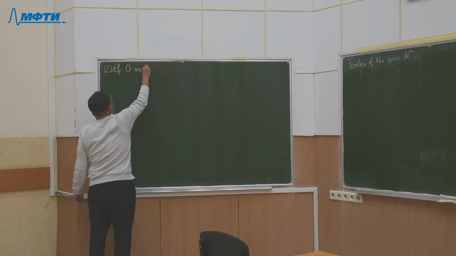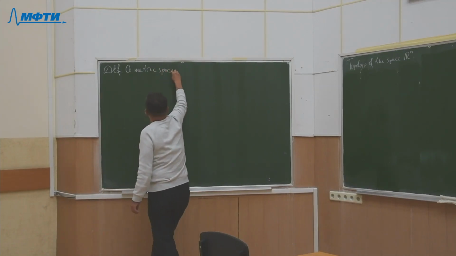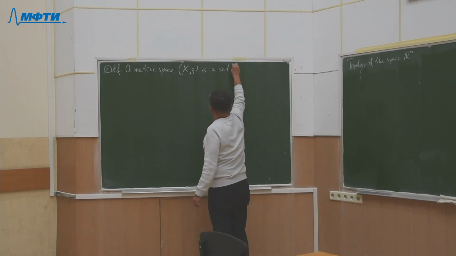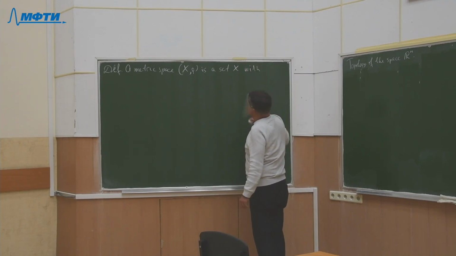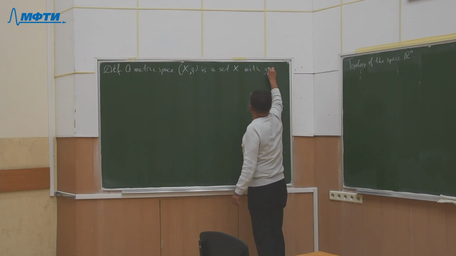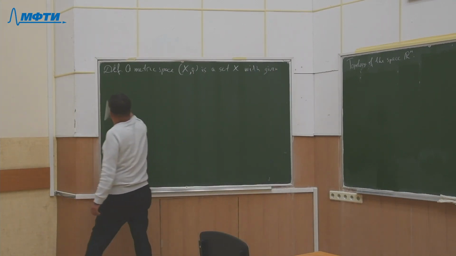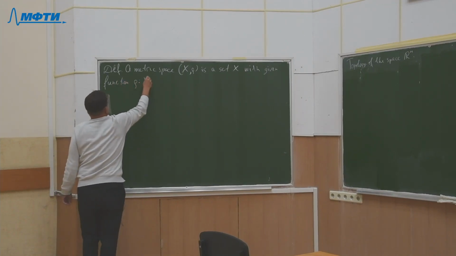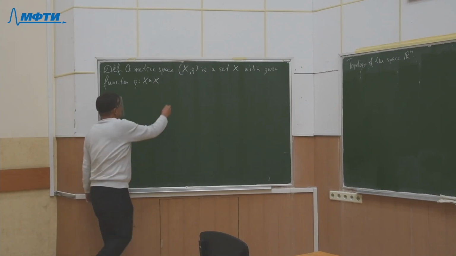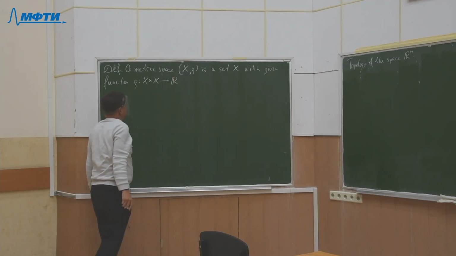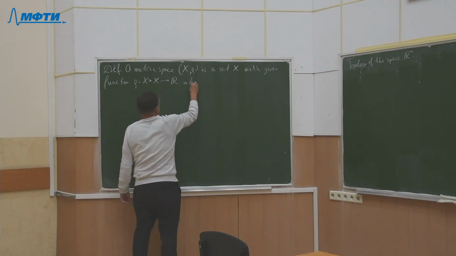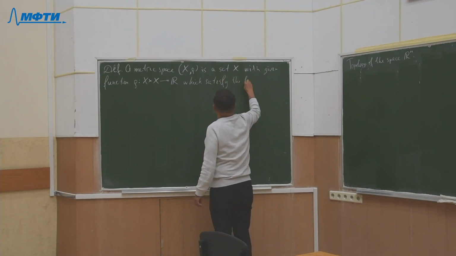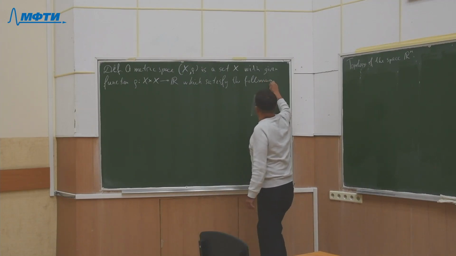A metric space (X, rho) is a set X with a given function rho from the Cartesian product X times X to R, which satisfies the following properties.